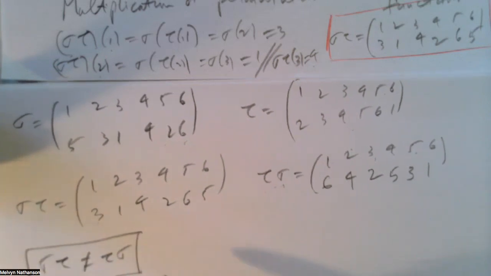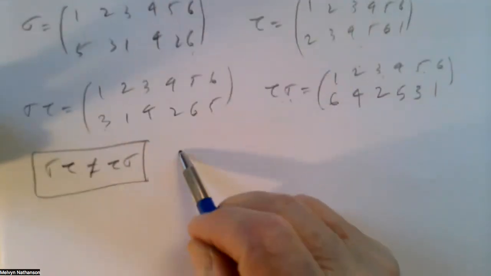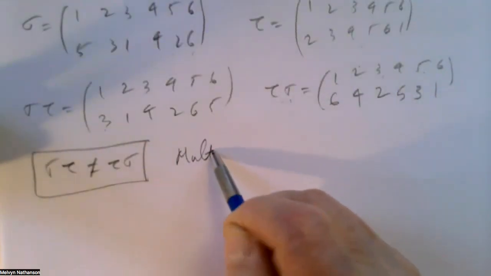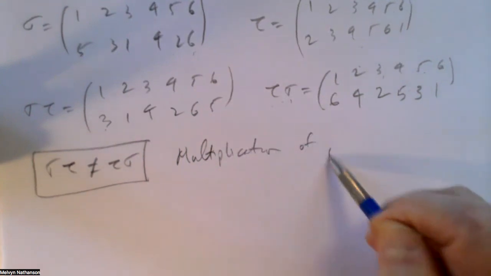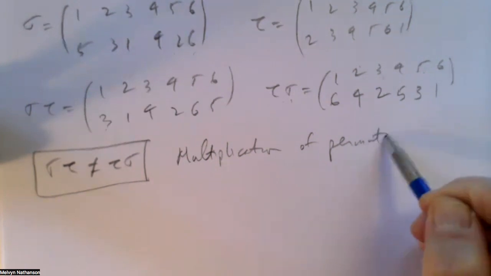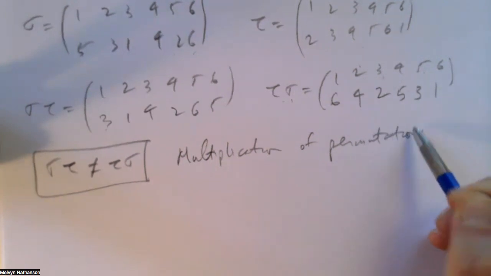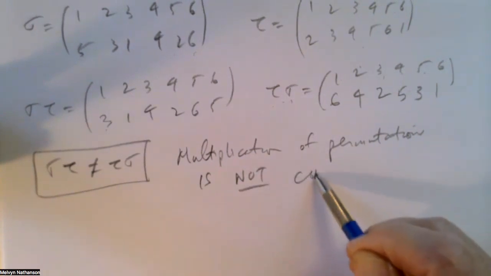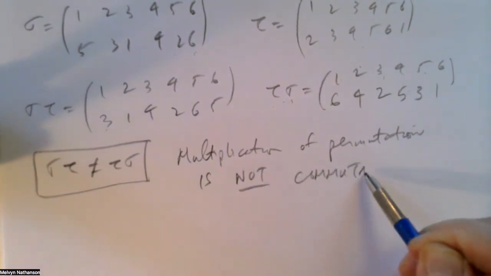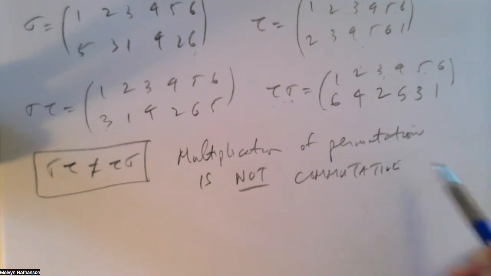And the way we say this in mathematical language is multiplication of permutations is not commutative.